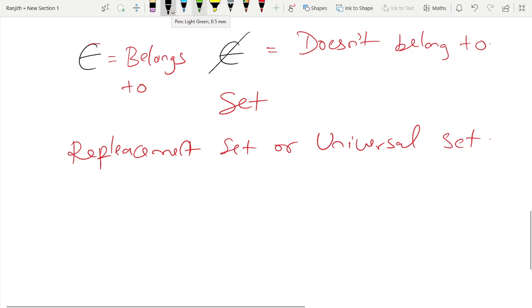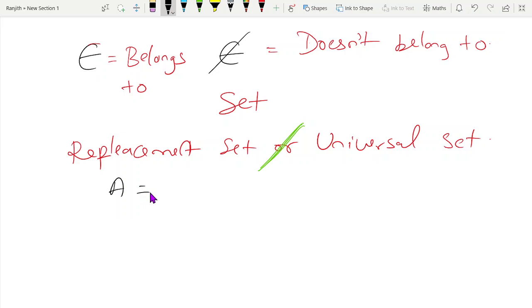Next concept is the replacement set or universal set. The meaning of "or" is that you can give both names. It can be the replacement set or we call it the universal set. What do you mean by universal set or replacement set? The universal set is known as the parent set, which consists of all the values.